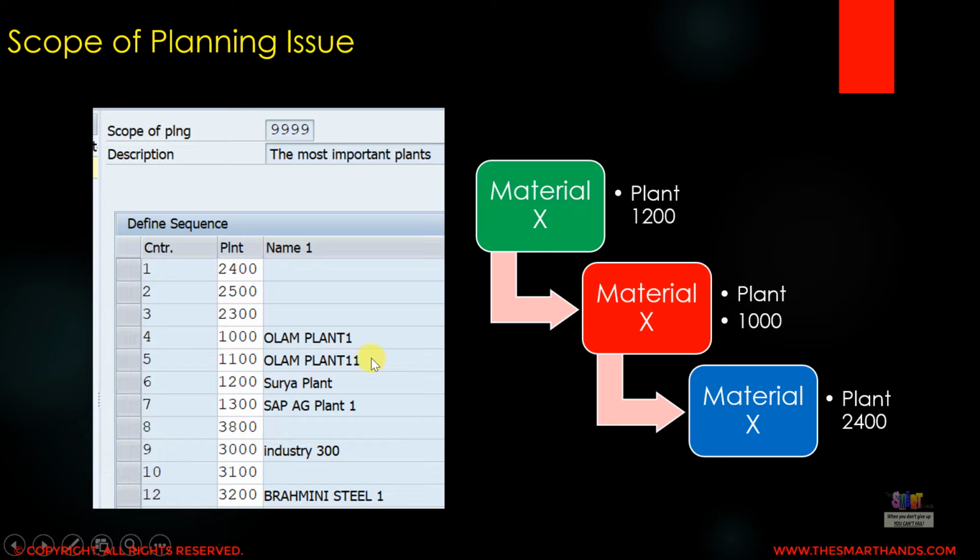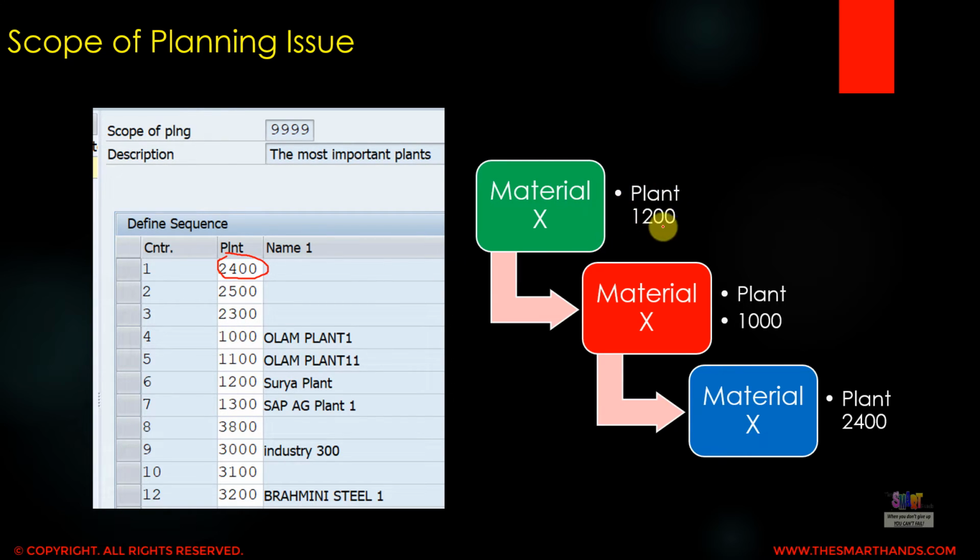In this case, if you run MRP first for plant 2400, the material will be planned first in 2400, then 2500, then 2300, and so on.